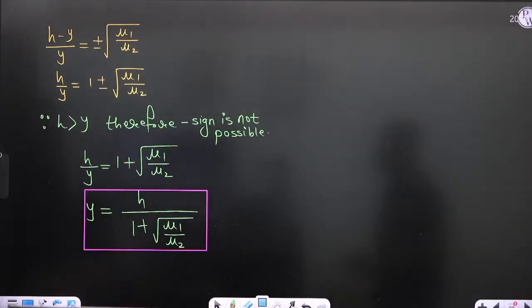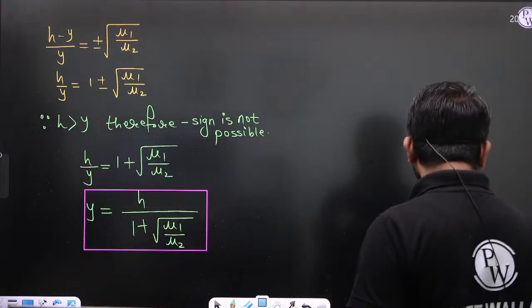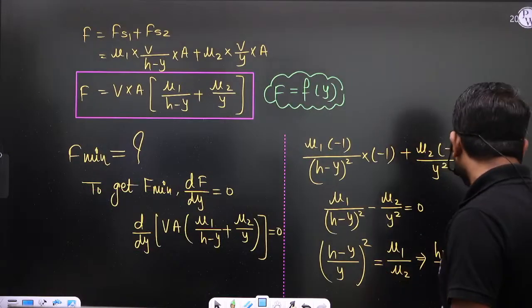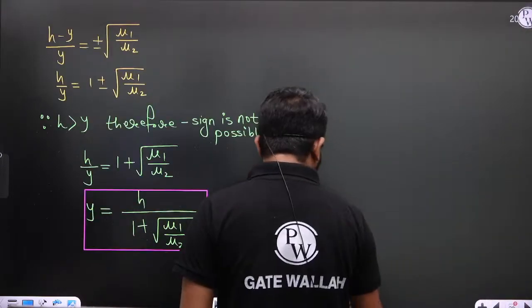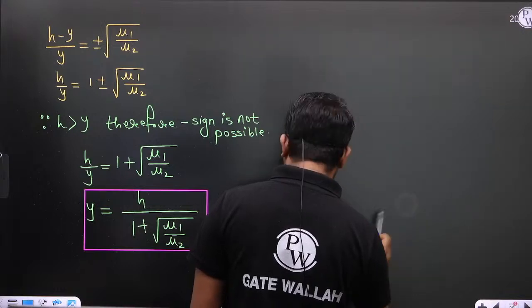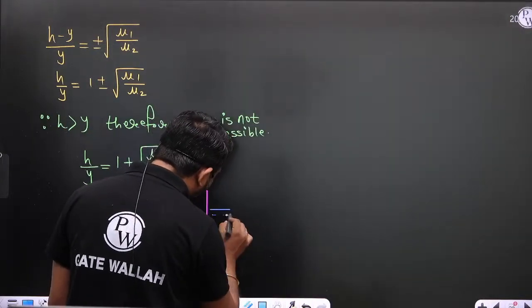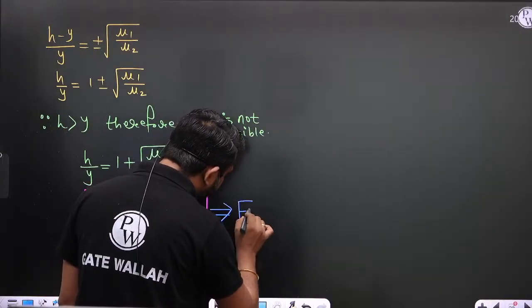This is the Y corresponding to which F is minimum.